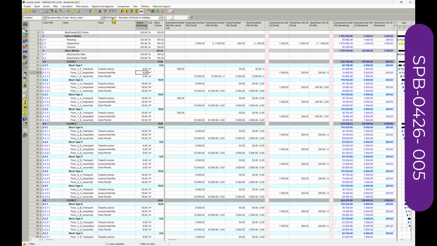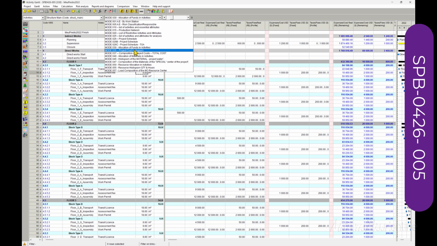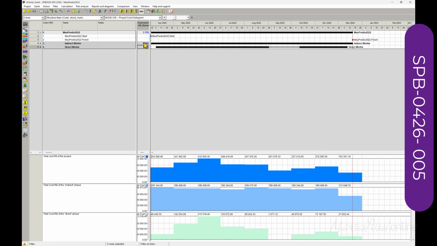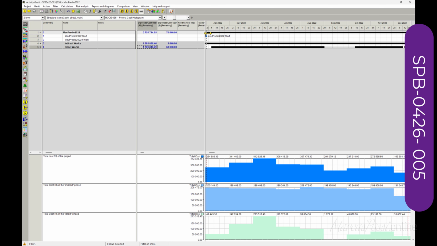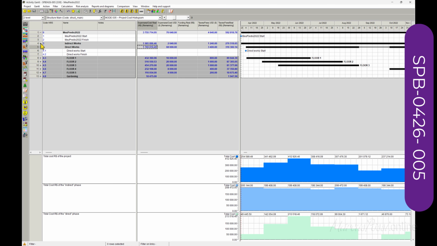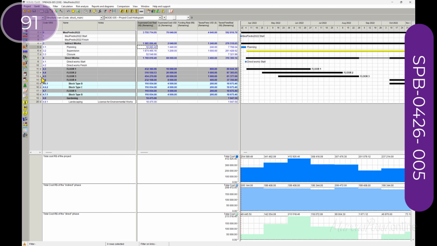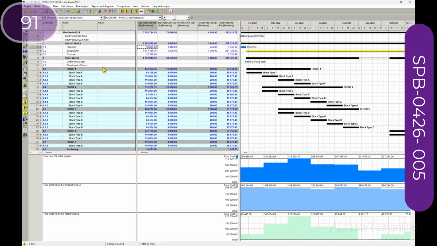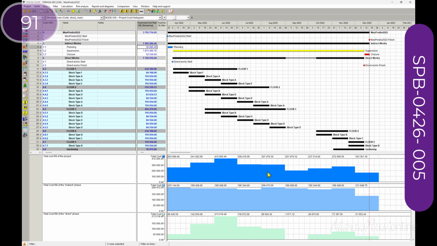The next is project cost histogram. Instead of seeing the money, just its total value, or in analytical view of cost composition, you can see it graphically. And this mode 35, where is mode 35 here?